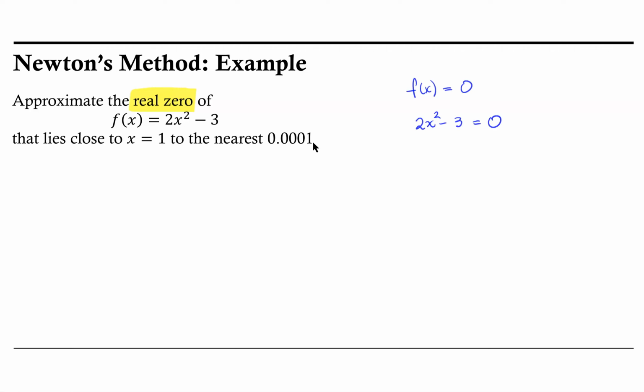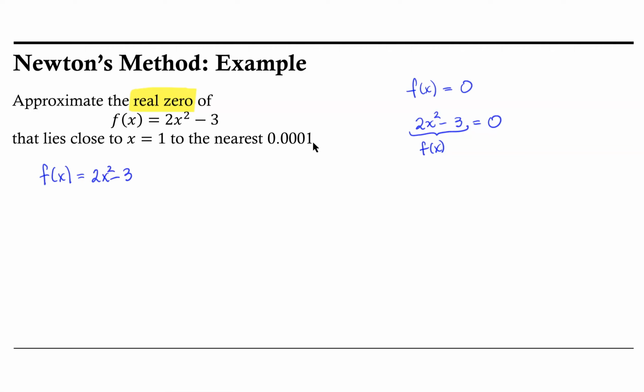That's what we mean by the zeros of a function. And so in applying Newton's method, the function we were given is the function that we will use. So we will be applying Newton's method to the function 2x squared minus 3.